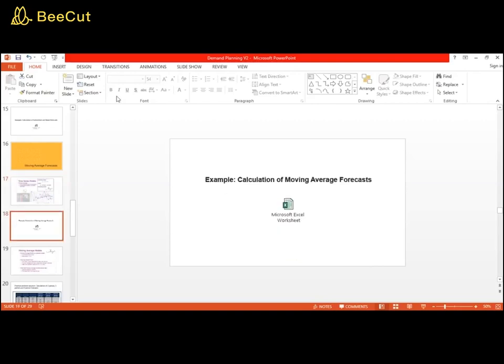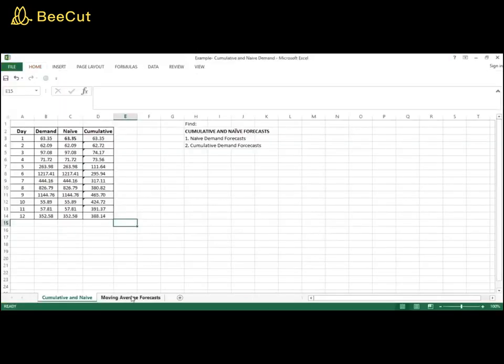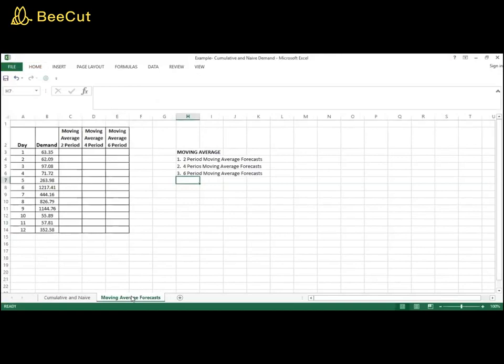So I'm going to now just share my Excel sheet with you. And here I'm going to show you how to do some moving average forecasting. So the first thing I'm going to do is find the moving average forecast for the 2-period moving average.